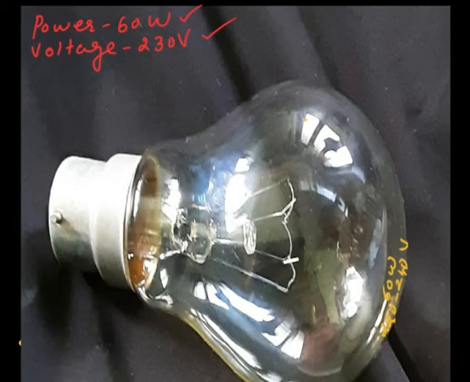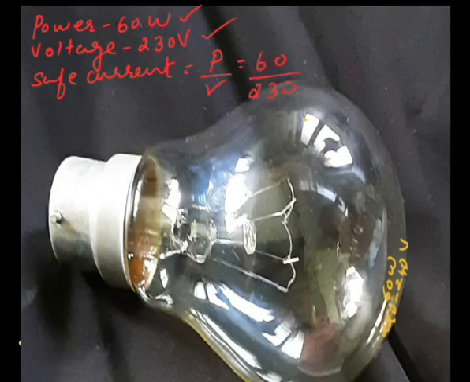To find the safe current which can pass through this bulb, you can use the formula power divided by voltage. Here power is 60 and voltage is 230. If you divide, you'll get the value of current to be approximately 0.26 ampere.